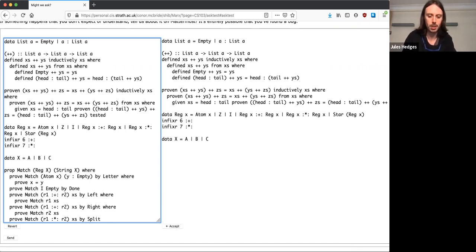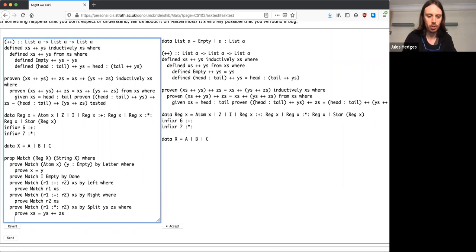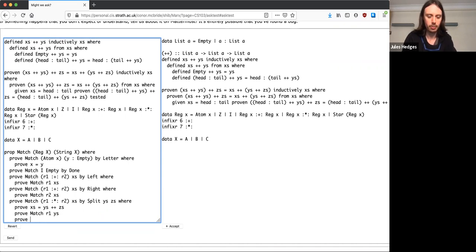So I'm going to say by split y's z's, and then I'm going to have three sub-goals. One where I say that x's really does split into y's concatenate z's. And then two more: prove that R1 matches y's, and prove that R2 matches z's.